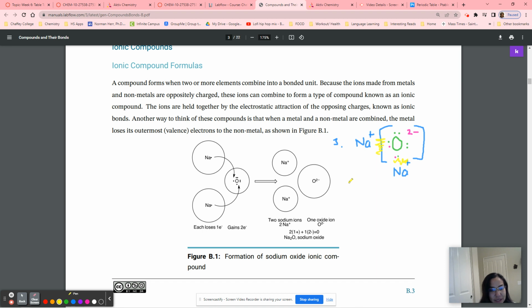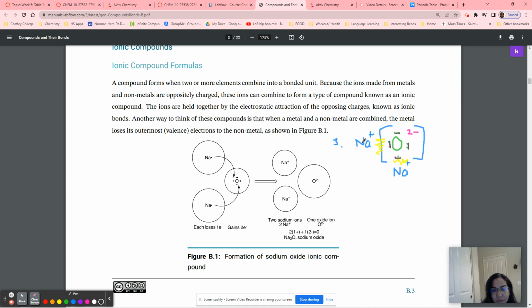You notice that we needed 2 sodiums in order to fill the needs of oxygen and for them to have a shared octet. We have 2 right here, so that's a bond. 2, 4, 6, 8. There are 8 valence electrons in oxygen, so that fills its octet.